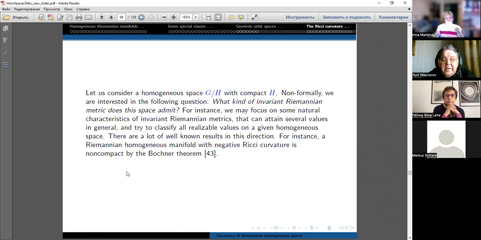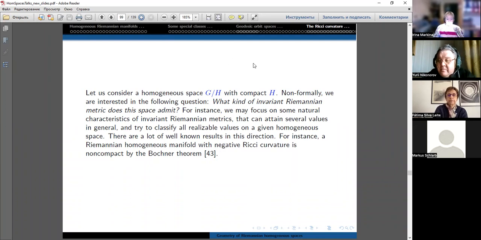And let's consider a homogeneous space G mod H with compact subgroup H. Formally, we are interested in the following question: what kind of invariant Riemannian metrics does this space admit? For instance, we may focus on some natural characterizations of invariant metrics and so on.